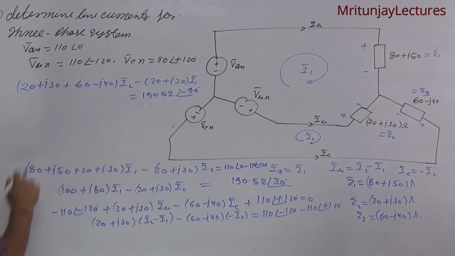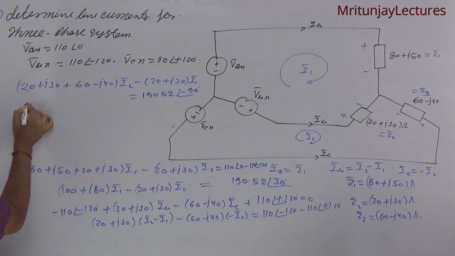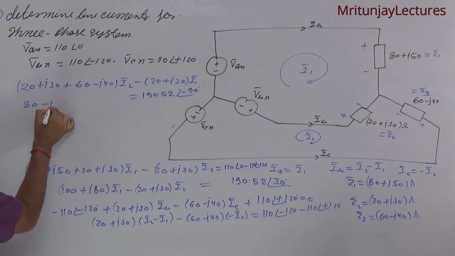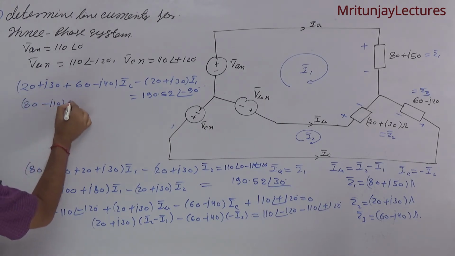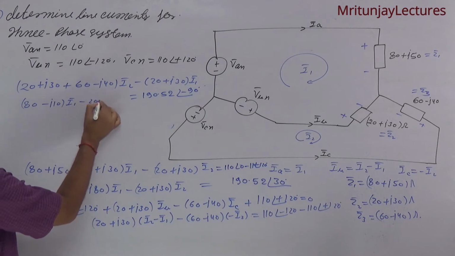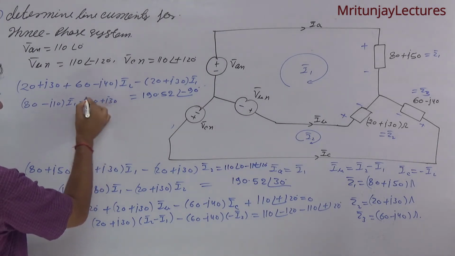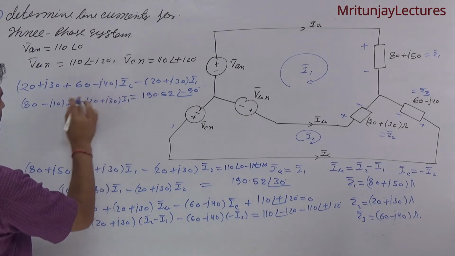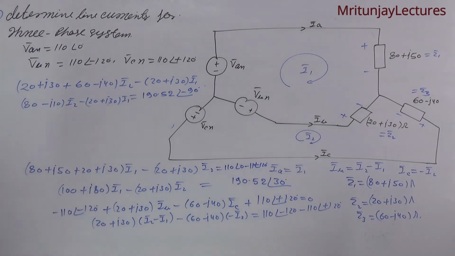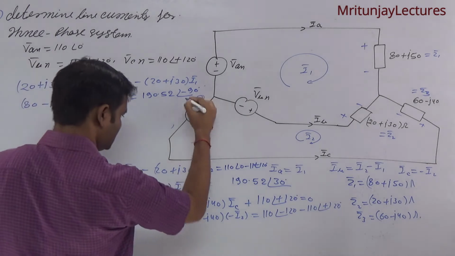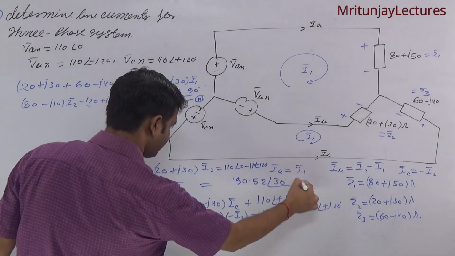Okay. Now 20 plus 60, that is 80, minus j10 into I1, and 20 plus j30 into I2. That is equation number 2, and that is equation number 1.